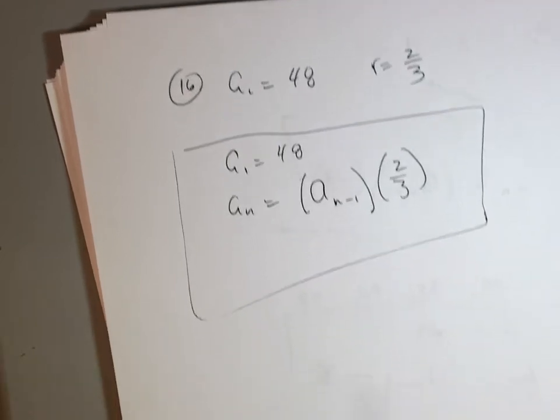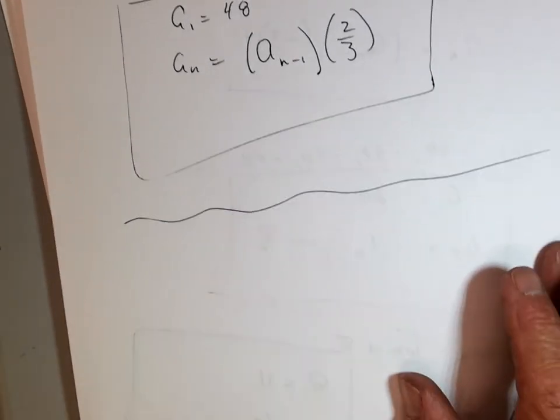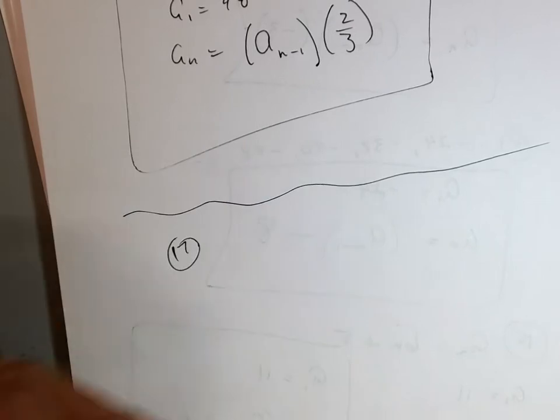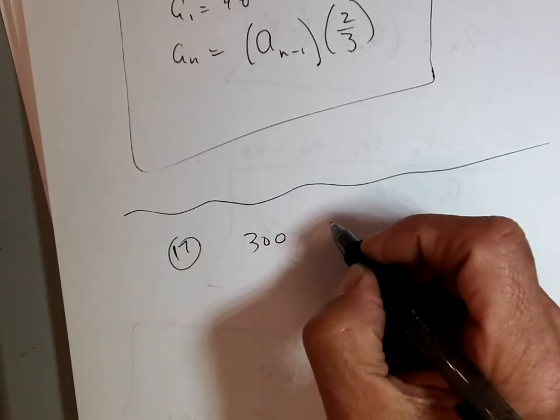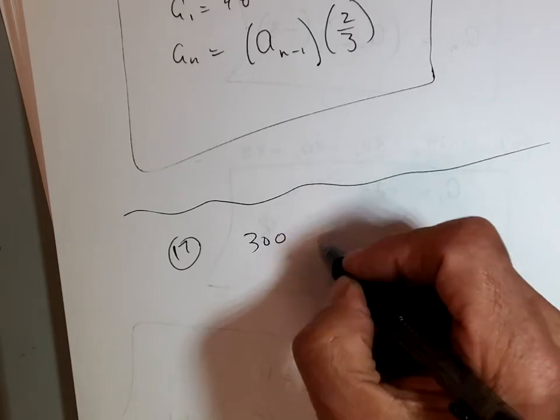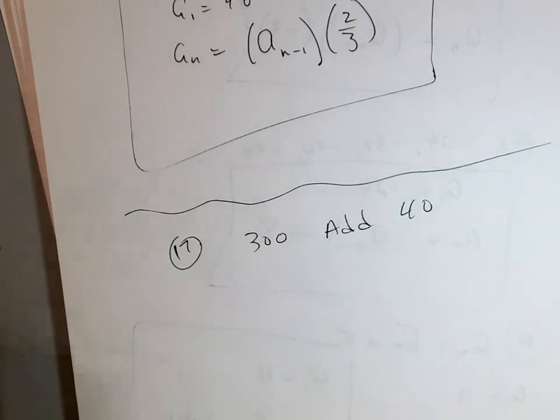All right, 17, last but not least. Two questions to this one. I'm going to take $300 in the bank, and what I'm going to do is add 40 each year. So is this arithmetic or geometric? Arithmetic. Good, it is arithmetic.